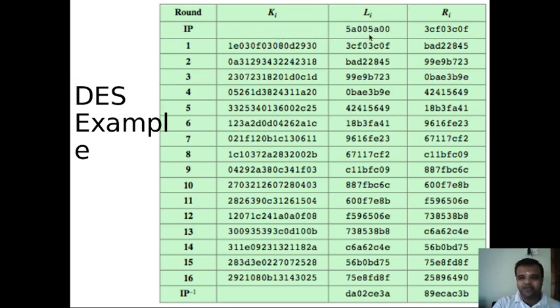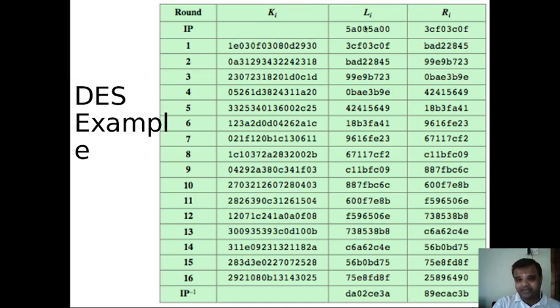You have 5A00 as the left half, and 3C0F as the right half. Whatever you have in the right half goes as such into the left half of the next round. So you have 3C0F going in over here.